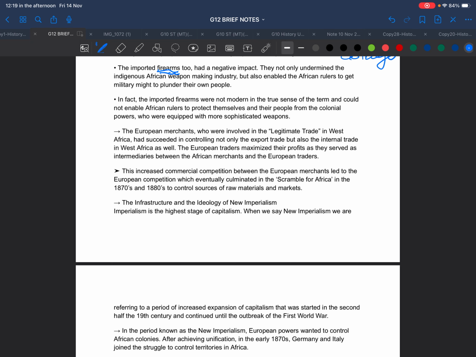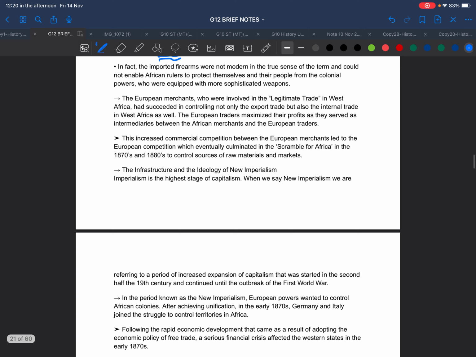Using those European weapons, African local chiefs and rulers across the continent, be it north, especially west, south and east of Africa, used those weapons for plundering their own people. Plundering meaning looting, exploiting their own people.